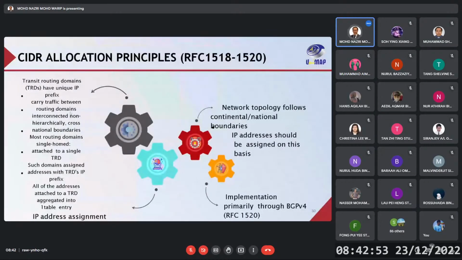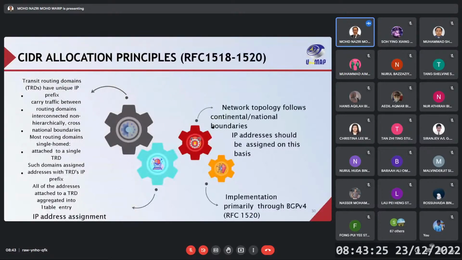The prefix /i or /j, whatever, carries traffic between routing domains, interconnecting non-hierarchical cross-national boundaries. Most routing domains are single homed. Single homed means, for example, the router uses only one ISP.